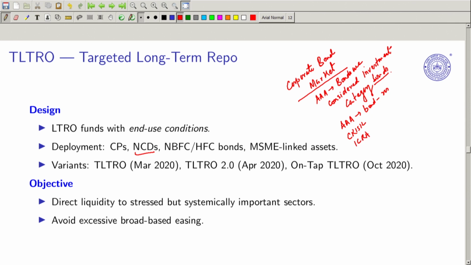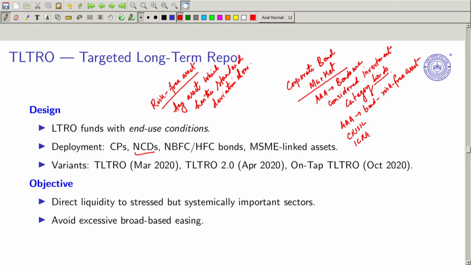it is also called risk free. What is the definition of a risk free asset? The definition of a risk free asset is any asset which has a standard deviation low or 0, that qualifies as a risk free asset.